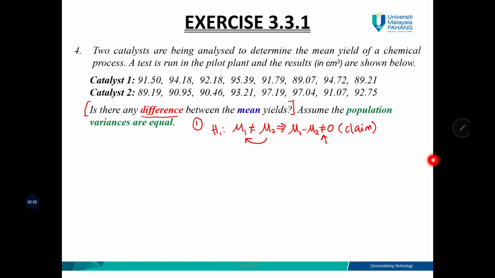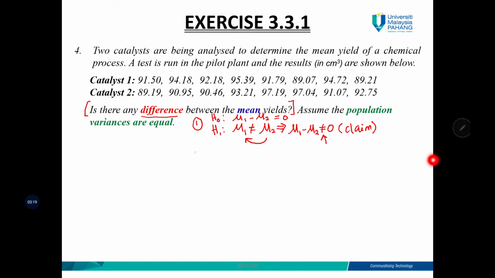So for the null hypothesis, H null, mu1 minus mu2 equals 0, since the opposite of not equal is equal. Now we complete step 1, construct the hypothesis and state the claim.